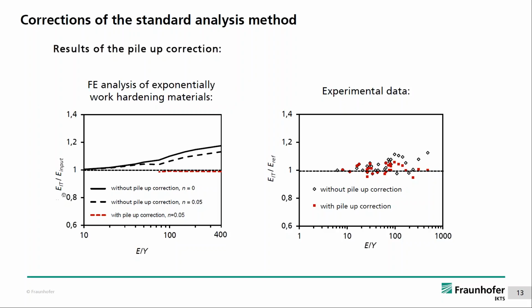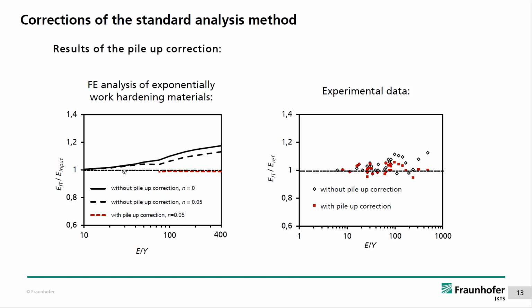And here you have the ratio of the indentation modulus we determine using the data treatment to the input value. So 1 would be perfect. If it's 1, the modulus is perfectly determined.